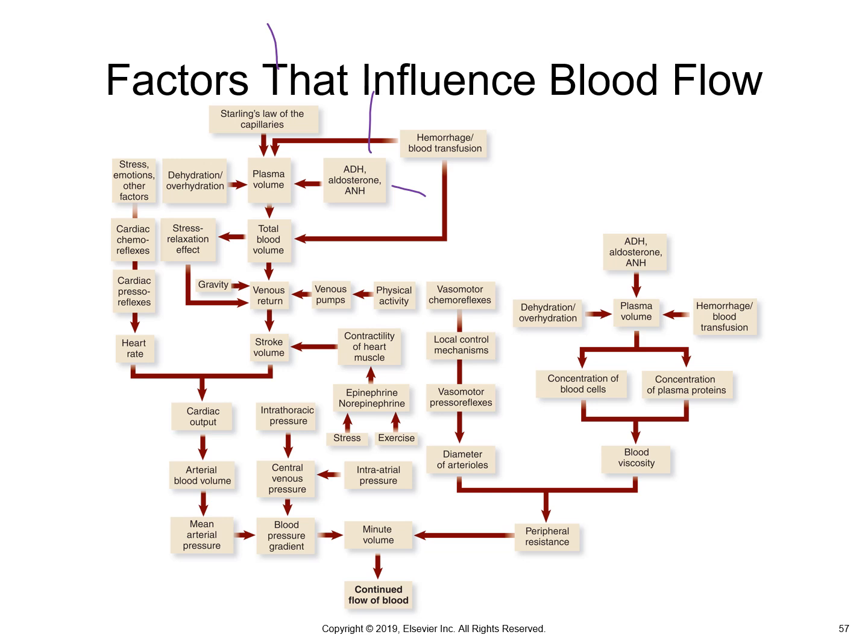The ADH, the aldosterone and also the ANH are going to control fluid loss and retention by changing some factors for us. In terms of hemorrhage and also blood transfusion, if we are doing that, it can drastically alter our blood volume. So again, these are factors that are going to affect the blood flow.